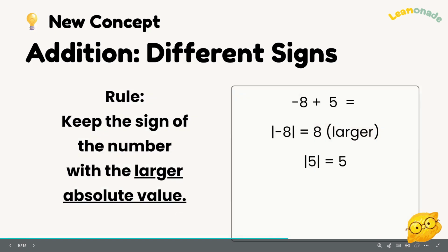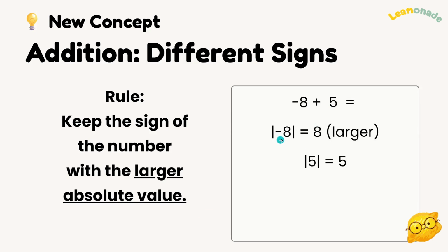Let's try another example. Negative 8 plus 5. First, compare the absolute values. The absolute value of negative 8 is 8. The absolute value of 5 is 5. Now, subtract. 8 minus 5 equals 3. Now, look at which number had the larger absolute value.